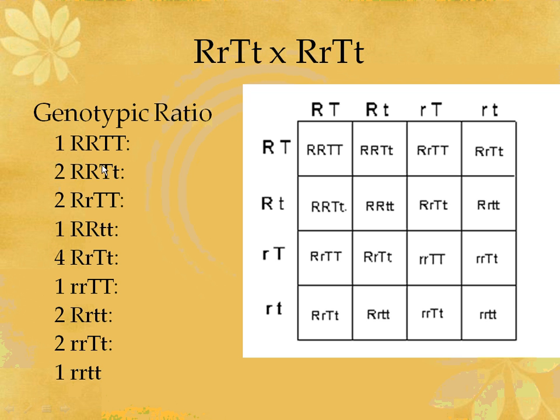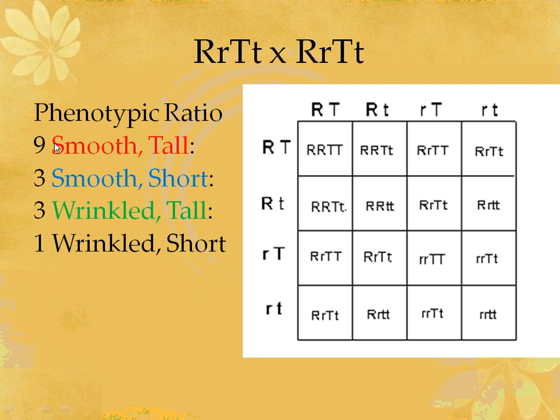So if you add up these numbers, these are all the different individuals with those particular phenotypes: 9 would be smooth and tall, 3 would be smooth and short, 3 would be wrinkled and tall, and 1 would be wrinkled and short.